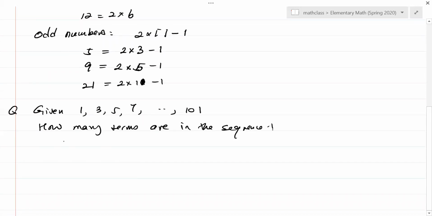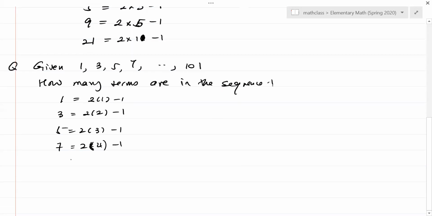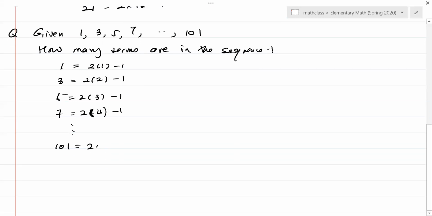So how do you do that? Well, I'm going to write 1 as 2 times 1 minus 1. I write 3 as 2 times 2 minus 1, right? And 5 is 2 times 3 minus 1. And 7 is 2 times 4 minus 1. So 101 is going to be 2 times what? 102 minus 1, so 2 times 51 minus 1.